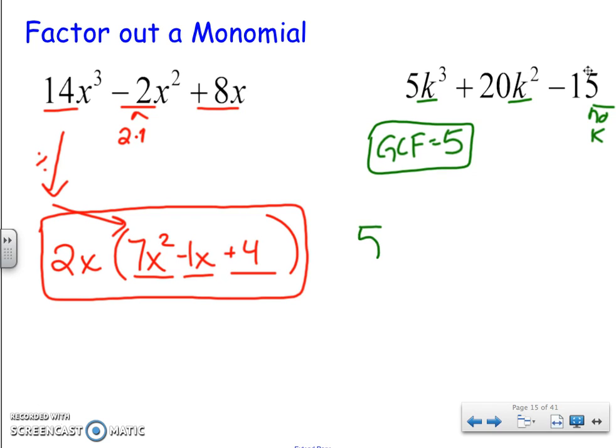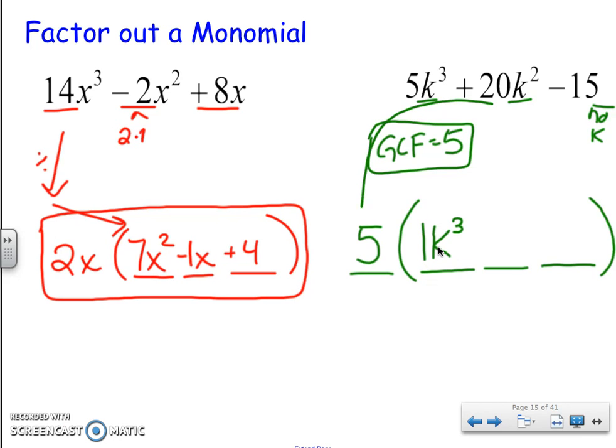So we're going to write 5 on the outside with however many terms on the inside. And then I'm going to divide to find those numbers. So again, 5 divided by 5 is a 1. And then since I didn't take out any k's, I'm just going to drop down k cubed on the inside. Okay?